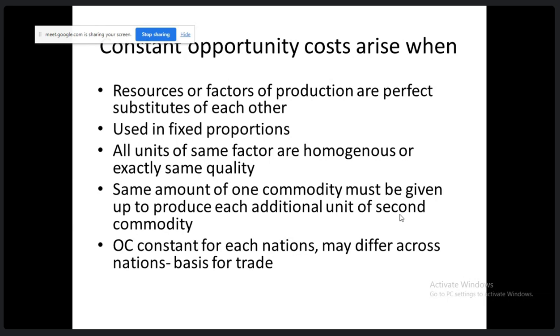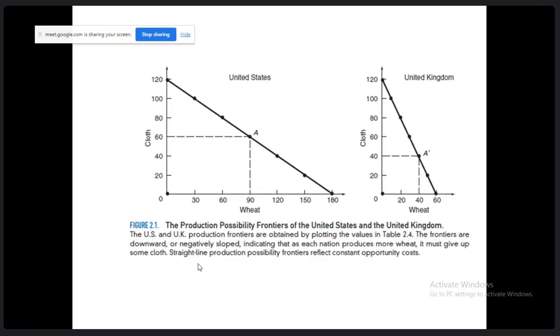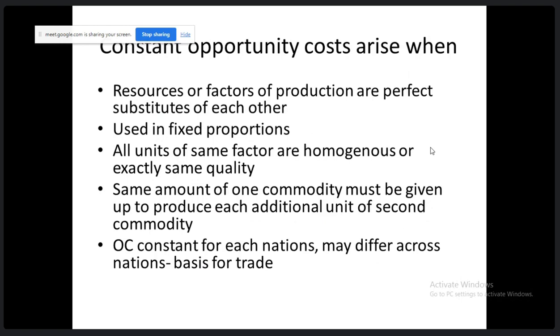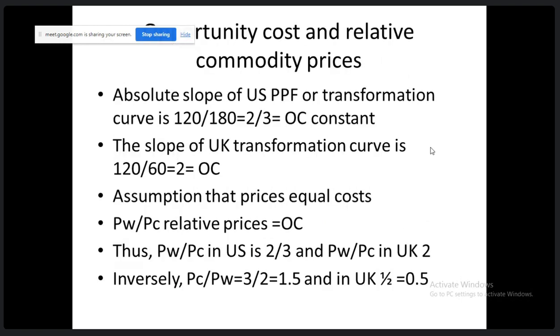So the cost remains constant throughout the production possibility frontier. Opportunity cost is the same within the nation, but it is different for the two nations. That is, UK and US have different opportunity costs.